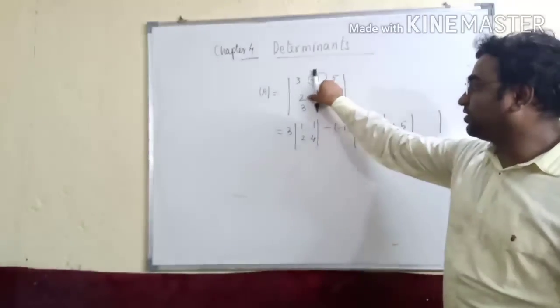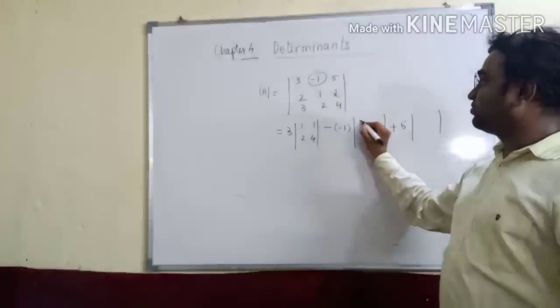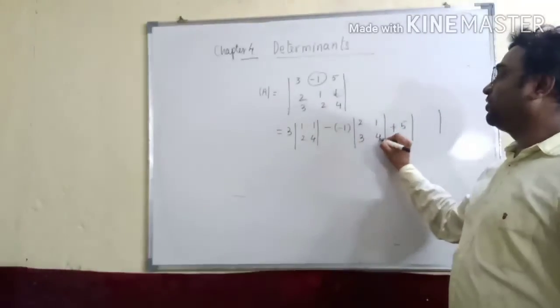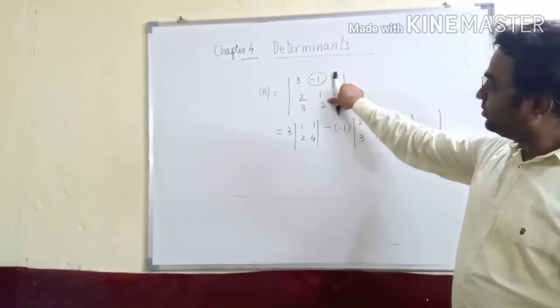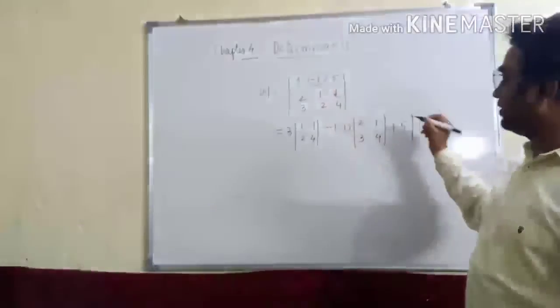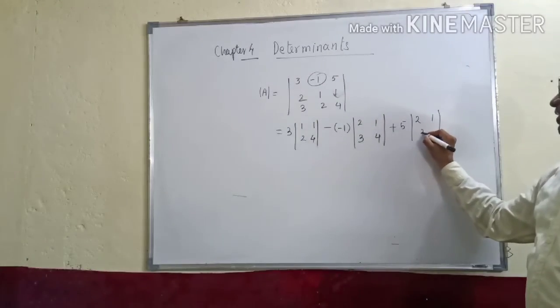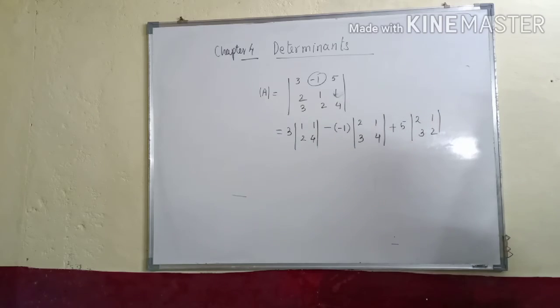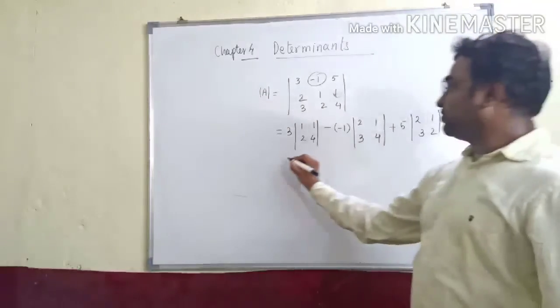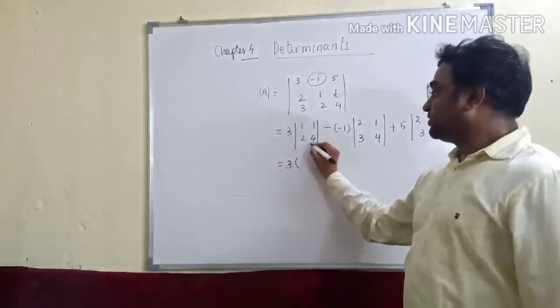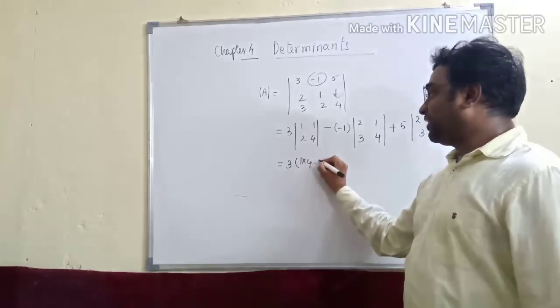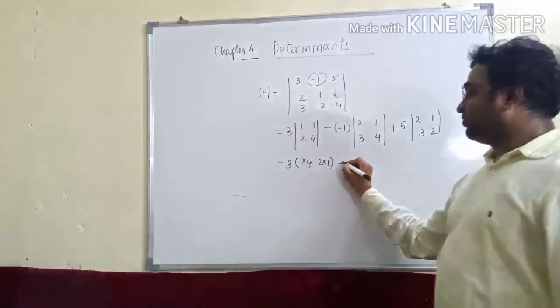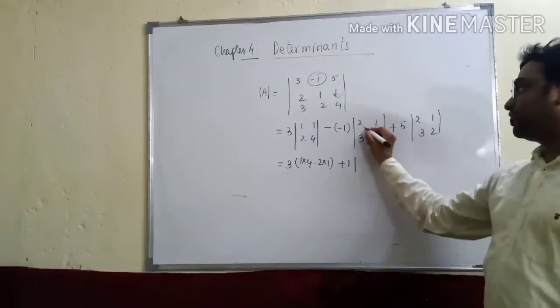When you take the middle term, these two values will be 2, 3, 1, 4. When you take the last value, you have to take these two, 2, 1 and 3, 2. Now just go for the cross product terms. So you will write 3, this will be 1 into 4 minus 2 into 1, negative negative positive, do not worry about it.